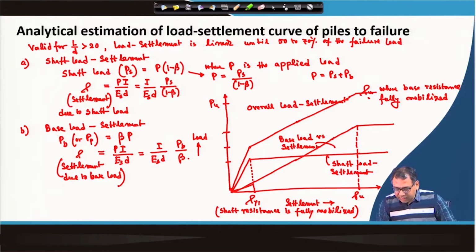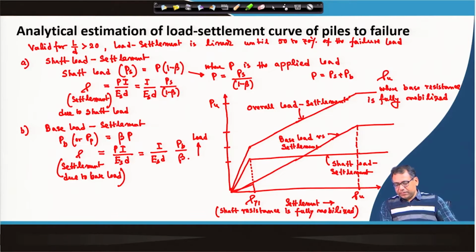Okay, so now this curve is base versus settlement, this is overall load versus settlement. Okay. So, I can write that rho u where the base resistance is fully mobilized.